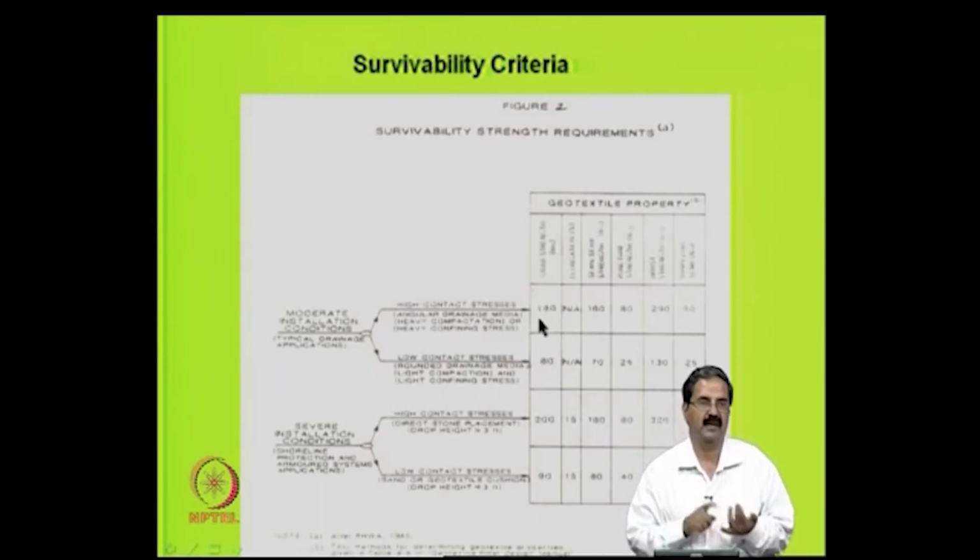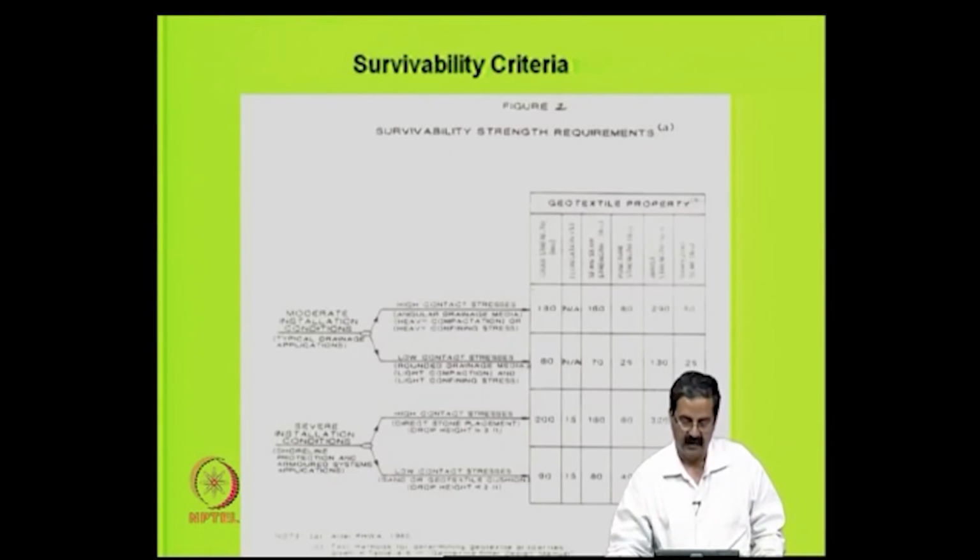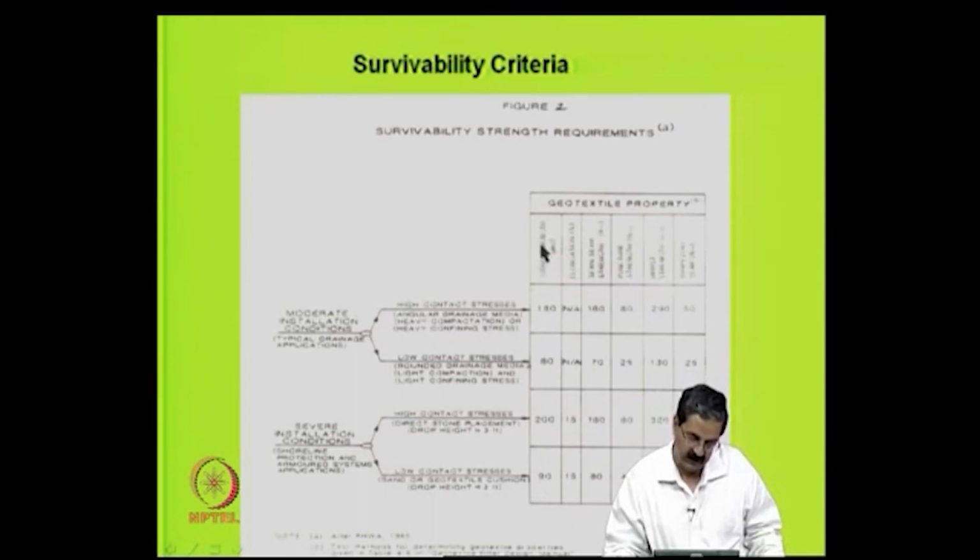We discussed grab strength. There are so many parameters that we should have, depending on the contact stresses, whether moderate or severe. So, for example, a grab strength of 90 pounds is okay, and elongation 15%, then seam strength 80%, puncture strength 40 lb.